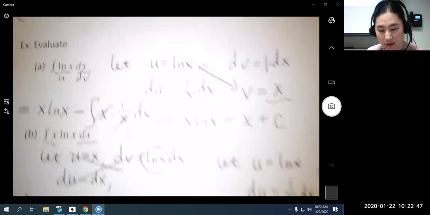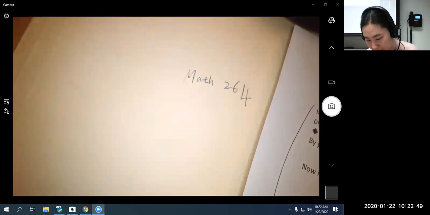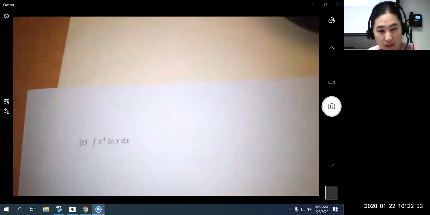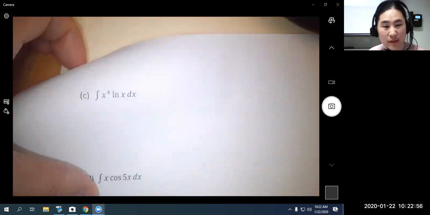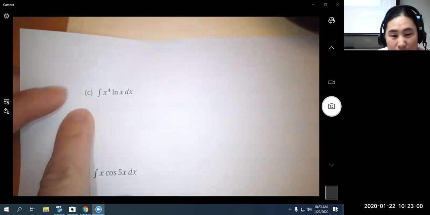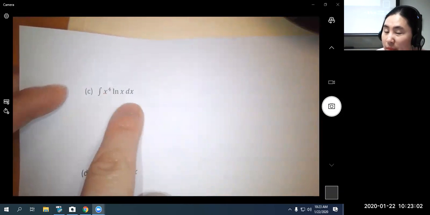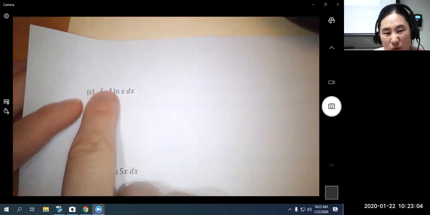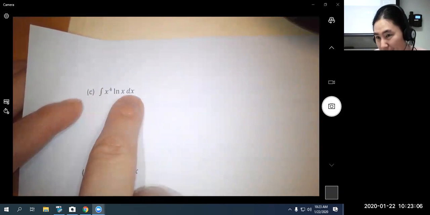All right, let's move on to the next page. Later I'm going to let you practice some questions. I'll lead you to do some and then I will let you practice. Question C, let's talk about it and you're going to try it by yourself. The integral of x to the 4th power ln x dx.